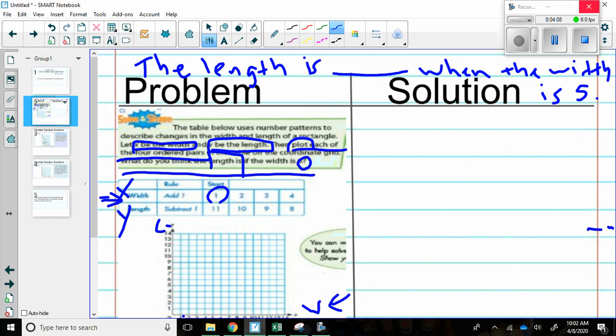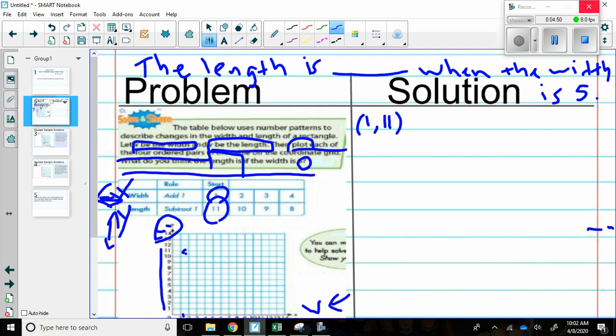I find 1 on my graph, and then length is the y-axis, and when we do the y-axis, we go up or down. So x is across, y is up and down. So let's start over. My x is at 1, and my y is at 11. So I'm going to count up to 11 to plot my point. So my first ordered pair is 1, 11.